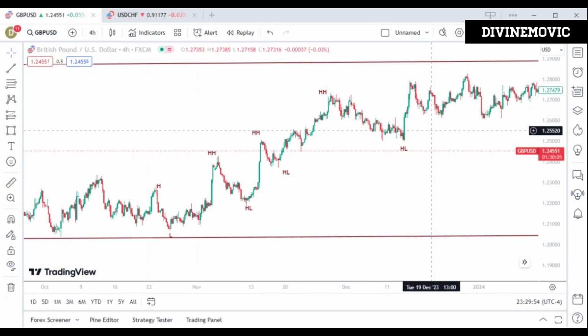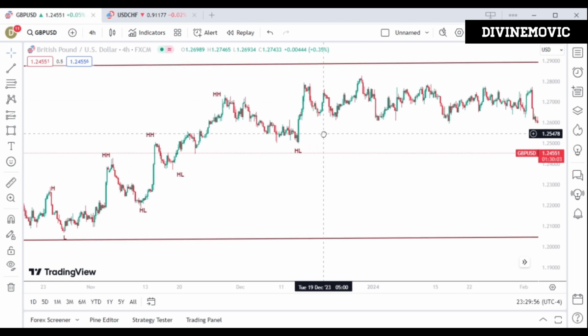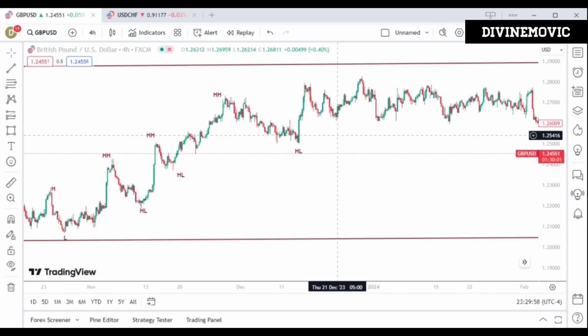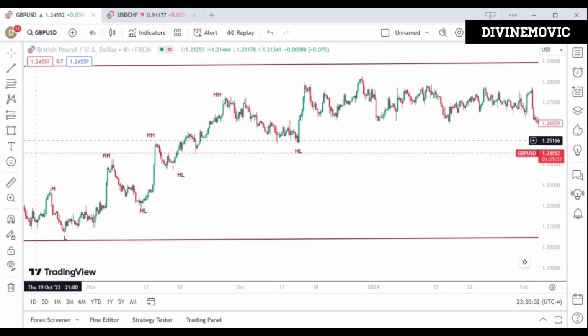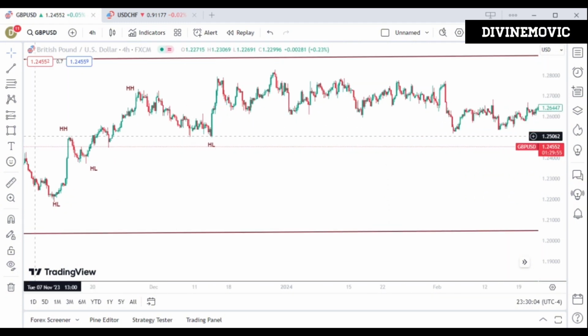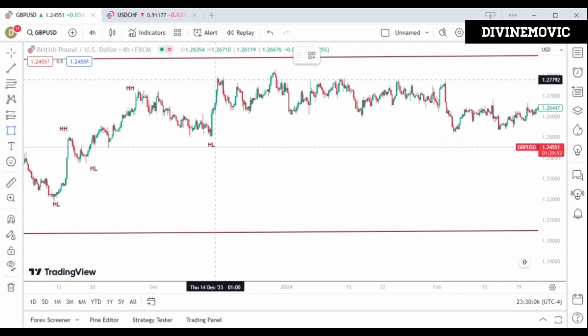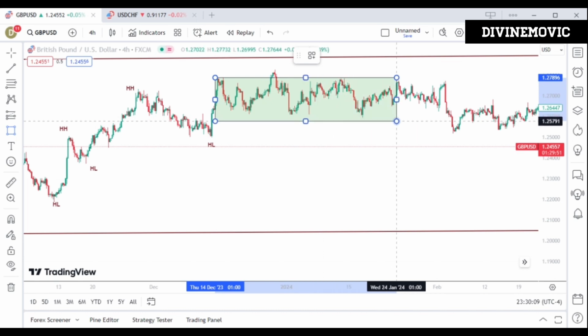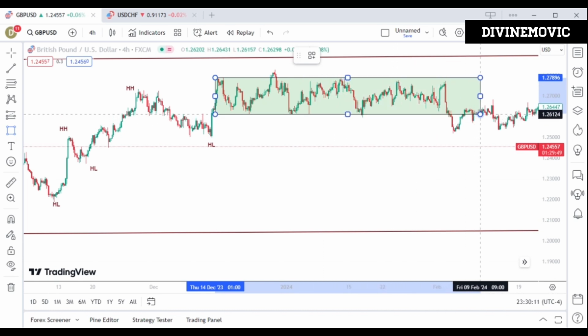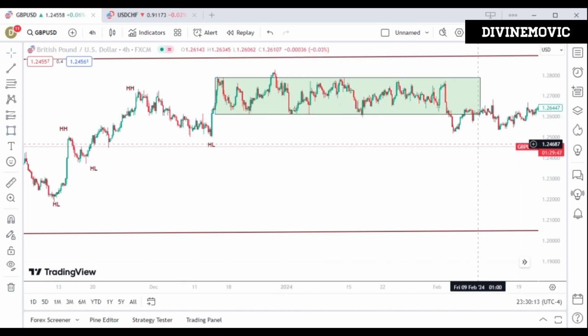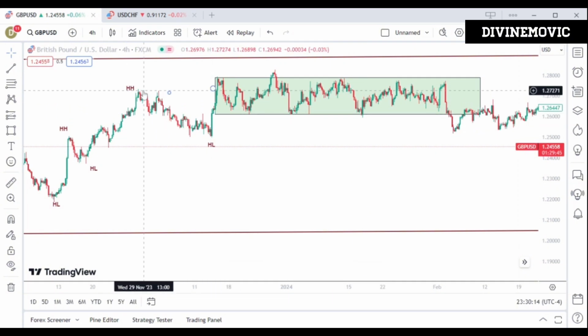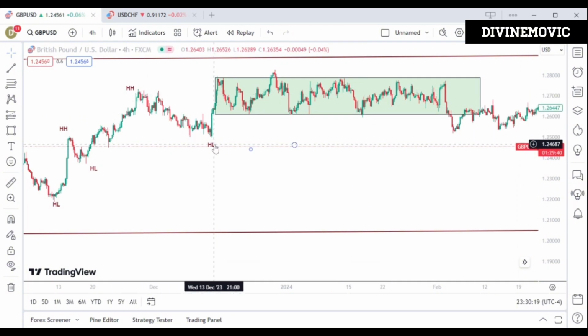Now, what happened next after this higher high and higher low were created? Price went into a ranging phase. Where is the ranging phase? I want to identify this ranging phase as well. This is referred to as the ranging phase. So this is the higher high, and this is a higher low.